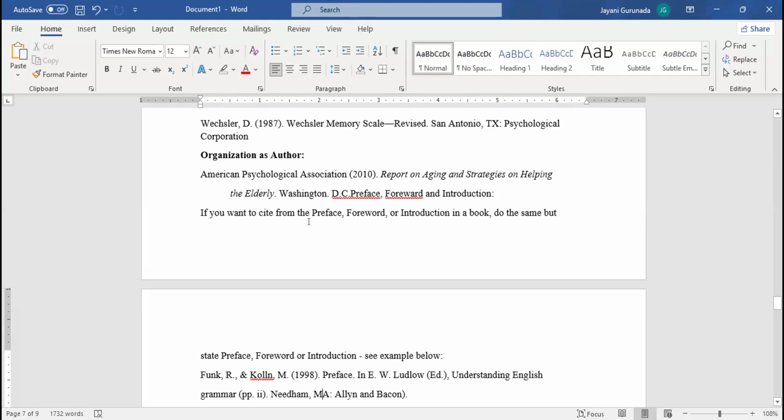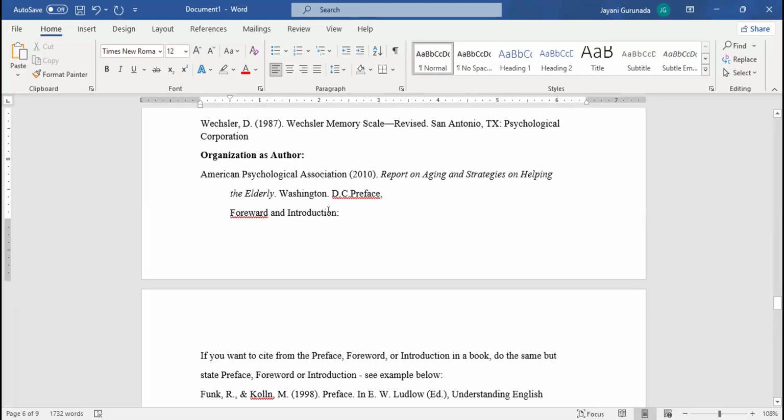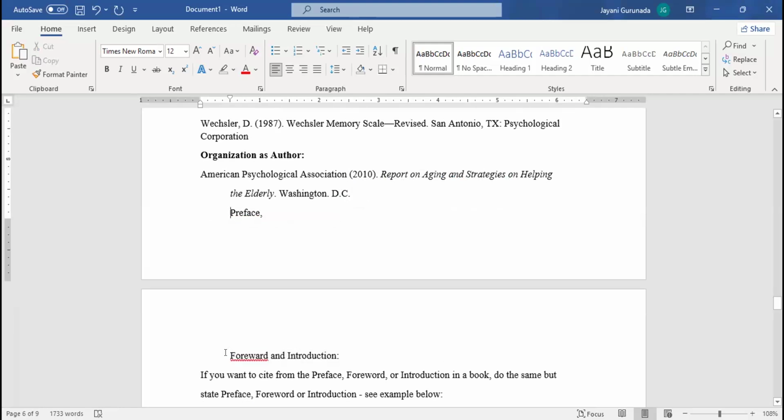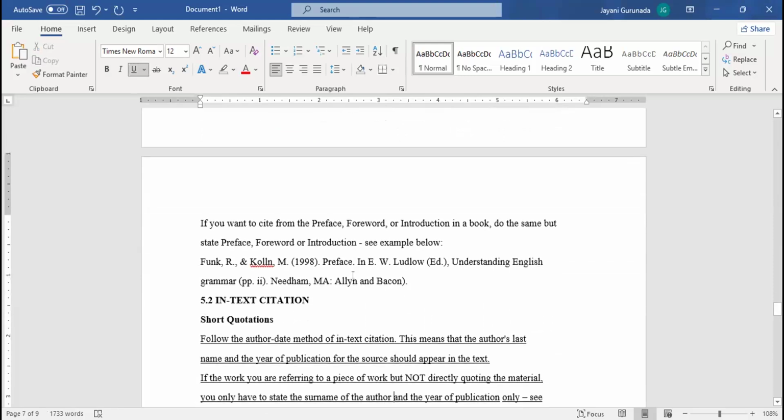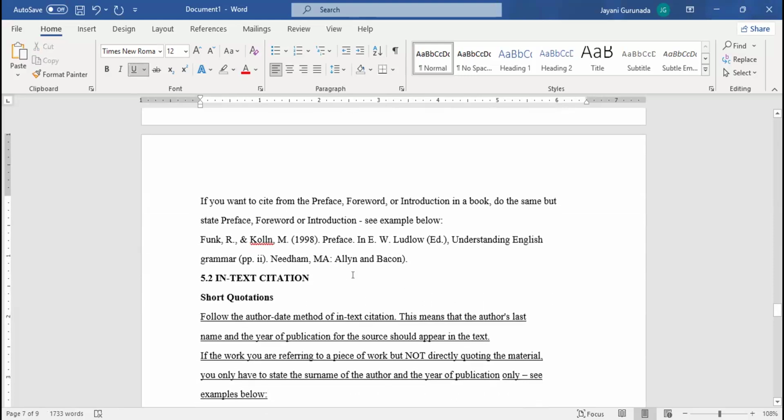Right. So if you want to cite from the preface, foreword or introduction, if you take something from an introduction or foreword, look at here. If you want to cite from the preface, foreword or introduction in a book, do the same, but state that it is the preface, foreword or introduction.